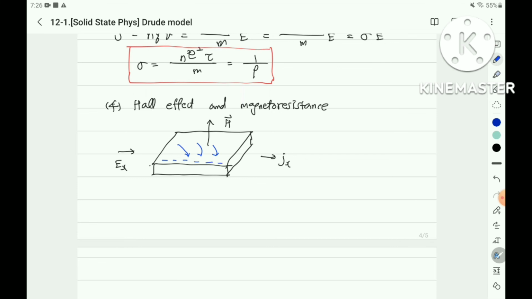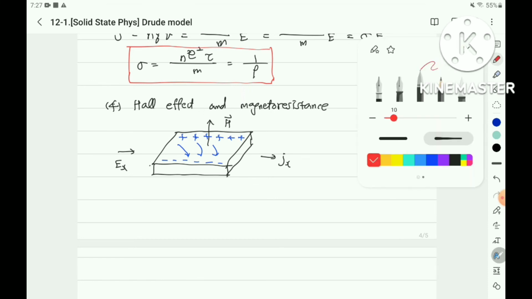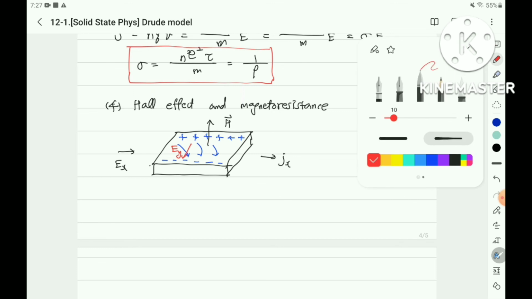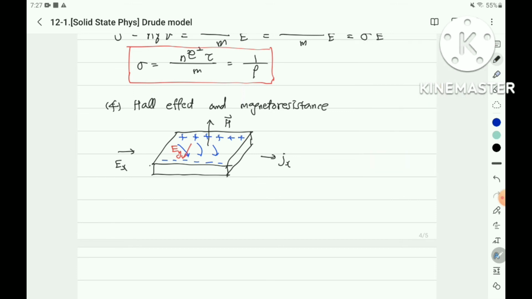Because of the accumulation of electrons, there is a mirror image charge on the opposite side, and because of the plus and minus charge configuration inside, an electric field along the y direction is generated, which is caused by the Lorentz force on the electron accumulation from applying the magnetic field.